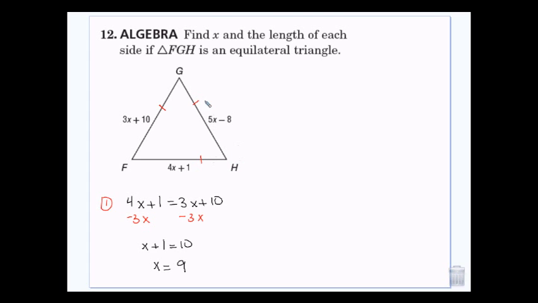Okay, so I found x and now I need to find the length of each side. How many of these do I actually have to do? 1. 1, exactly. Which one do you want to do? 4x plus 1. So easy. So 37, 37, 37.